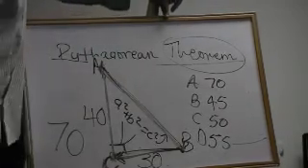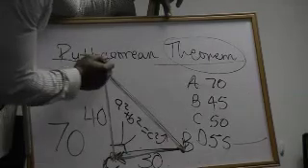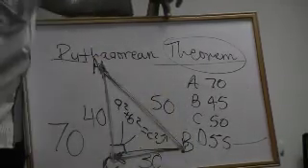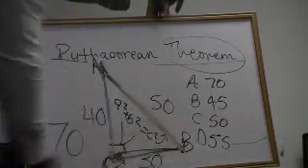So 40 plus 30 is 70. That's how long he would need to go. But he would save 20 miles if he goes this way, which would be 50.